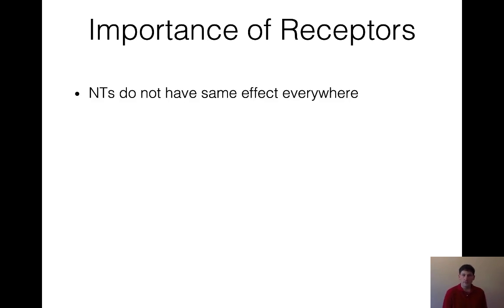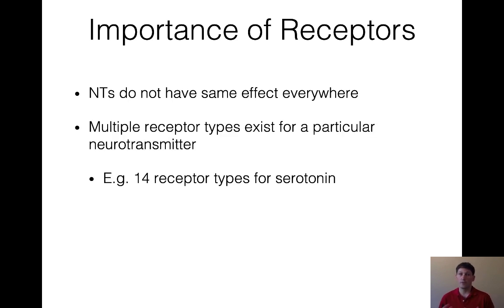So these neurotransmitters do not have the same effect everywhere. As I said before, there are multiple receptor types that can exist for different neurotransmitters. For example, serotonin has 14 different receptor types, and these all have different effects on our postsynaptic neurons. And so you might have an excitatory effect in one part of the body, where you have an inhibitory effect in a different part of the body, but you're still using the same neurotransmitter.